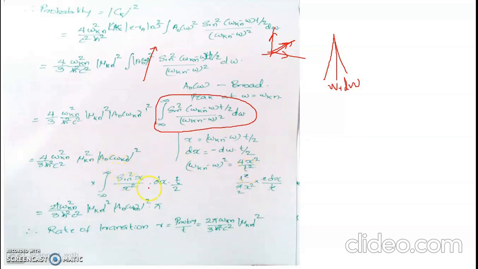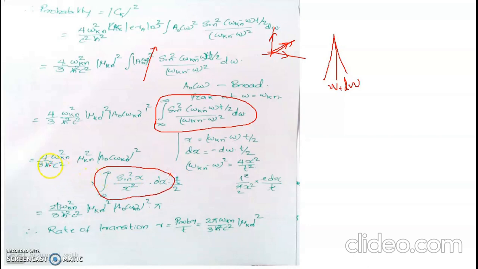We substitute these values to make this integral identical with the integral from minus infinity to infinity of sin squared x by x squared dx into t by 2, and this is a standard integral which is equal to pi.